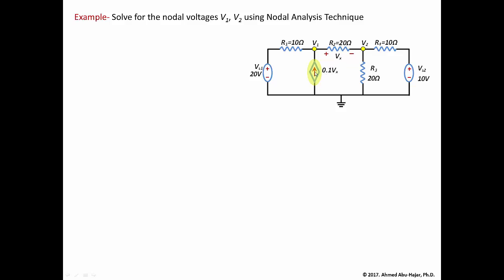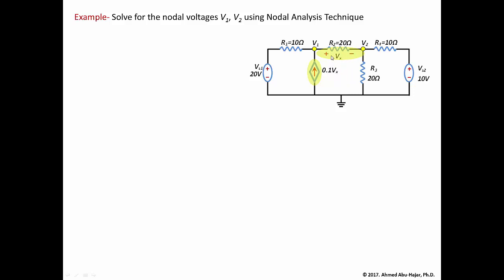Basically, this current will equal 0.1 times Vx. So you need to look at Vx in the circuit, and Vx is defined to be the voltage across the 20 ohm resistor or R2, where the plus polarity of Vx is on this side and the negative polarity is on the other side, as shown in the circuit here.